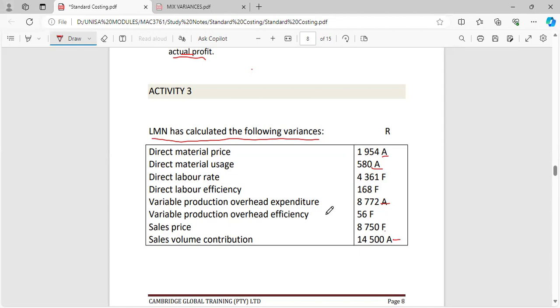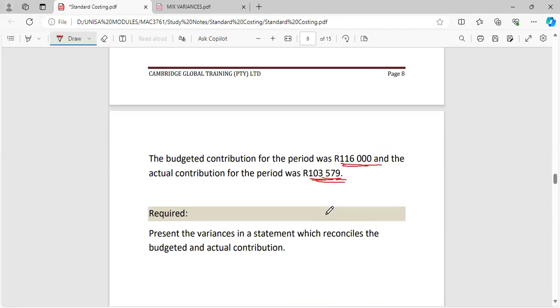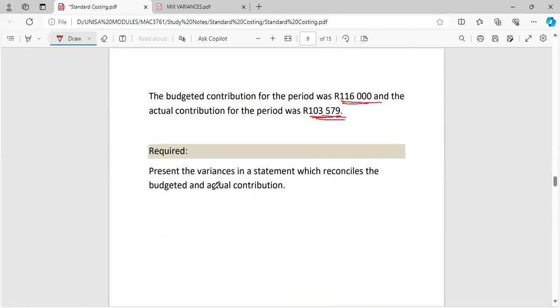Right, so let's look at what we are required to do. They say present the variance in a statement which reconciles the budgeted and actual contribution.